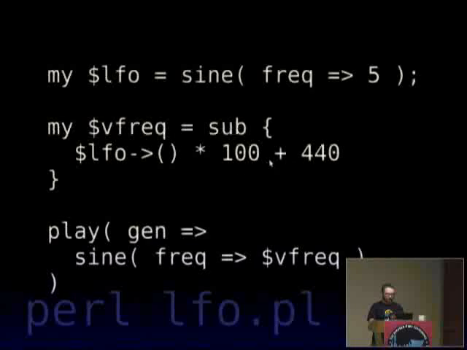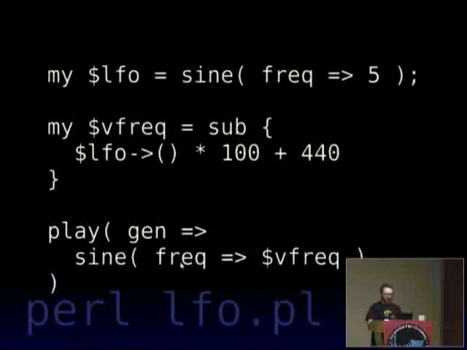But with this, what we can do is we can say make an LFO, which is a low frequency oscillator. Sine wave goes really slow, 5 times a second. And then we can make this little generator that calculates a frequency from that. So sine wave is still going to be a number from -1 to 1 multiplied by 100. So now you're going -100 to 100. Add 440, so we're going from 340 to 540.